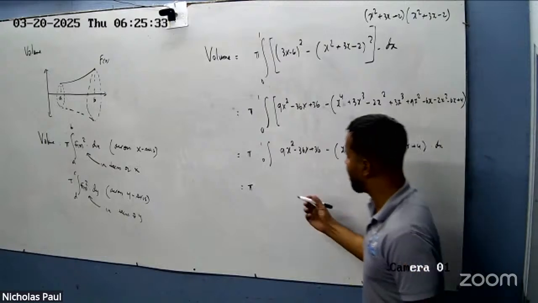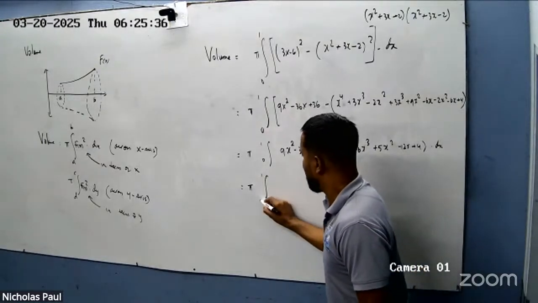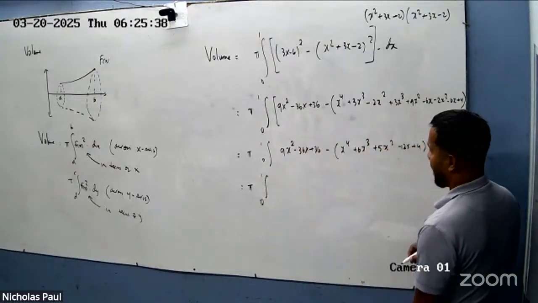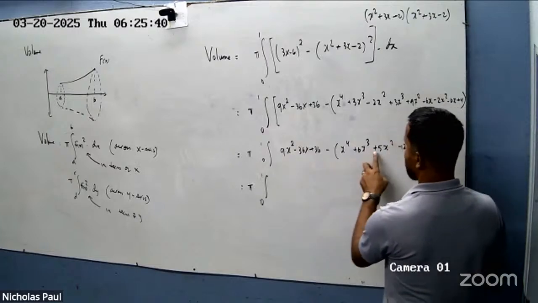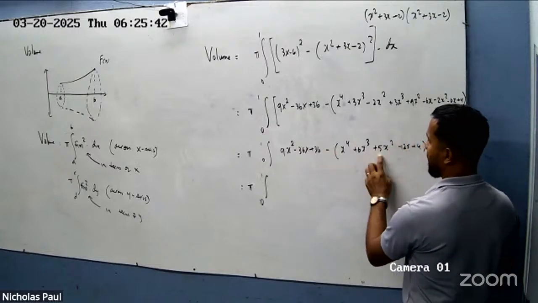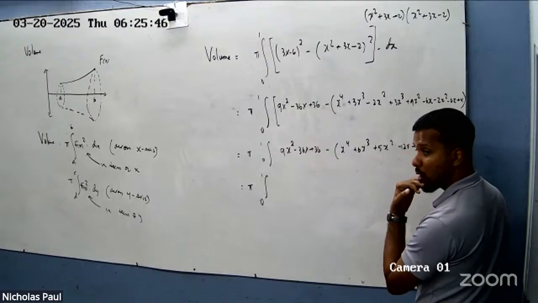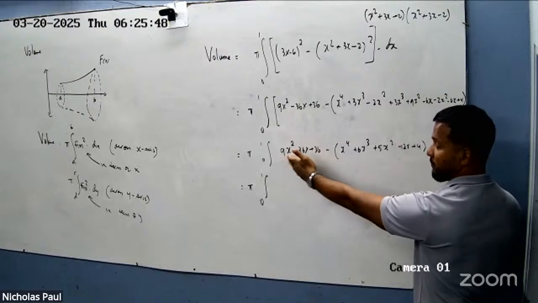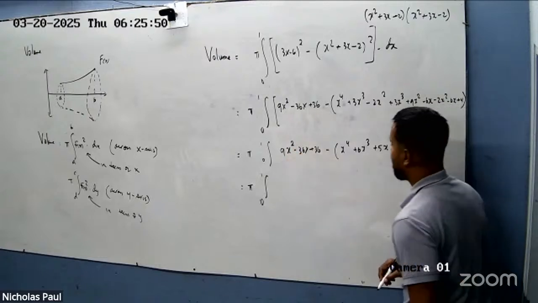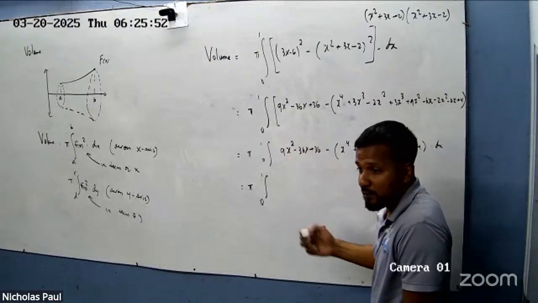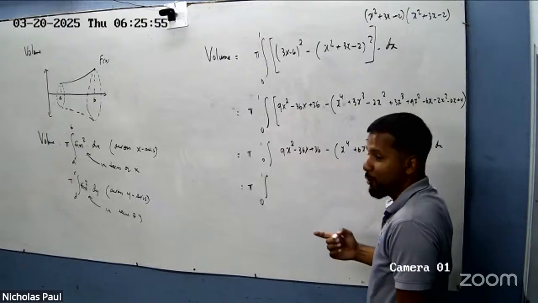So therefore, what did we end up with? 9x squared minus, here, right? I mean, negative x power 4. But in order, I don't want a negative as the highest power.